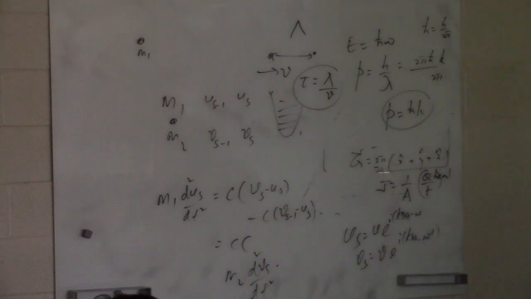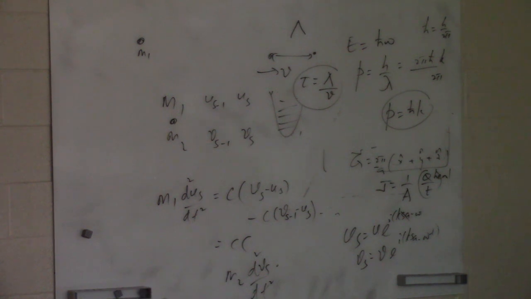Q means C times delta T, divided by A, and I write tau as gamma over v.